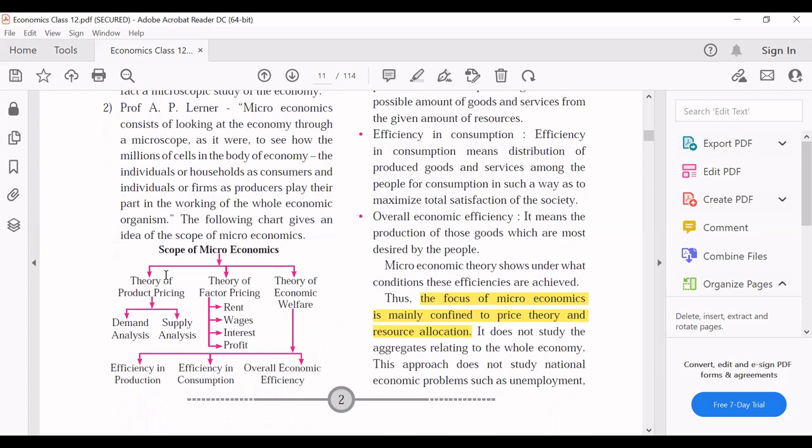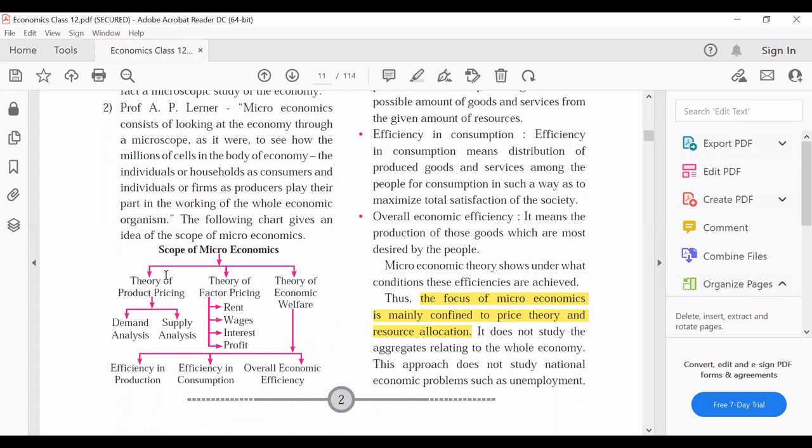So it's related to pricing, which is related to the product and the factor, and also related to economic welfare. When we go through product pricing, we can see that a product's price is determined by two market forces, demand and supply. Therefore, product pricing is divided into two: demand analysis and supply analysis.